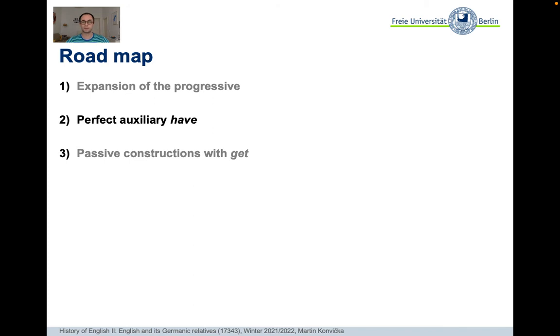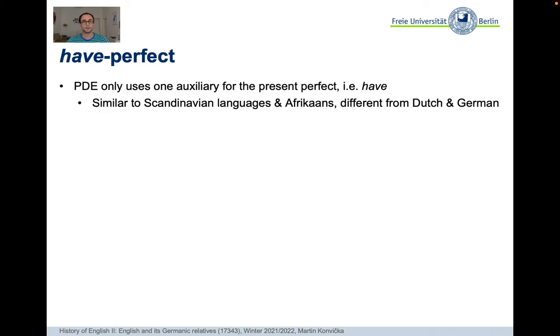But now let's move to the second development that happened during the 19th century, and that's the rise of the perfect auxiliary have. So if we compare the different Germanic languages with English, what we'll see is that English, like North Germanic languages and Afrikaans, uses only one auxiliary in all the different present perfect constructions.